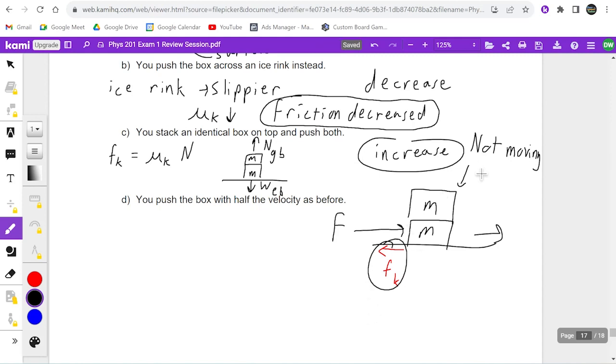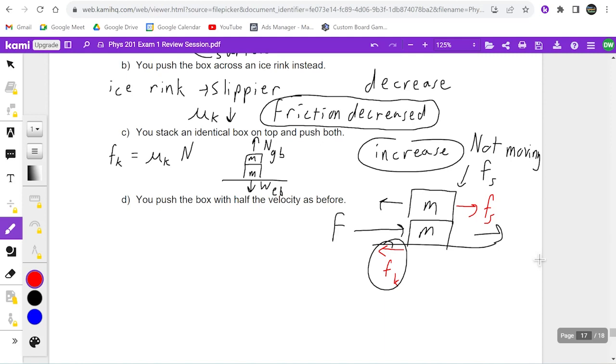But there is static friction for the top box. If there was no friction, the box would just slide off that way. So friction, static friction, must point that way. Isn't that confusing? So static friction points to the right for the top box. Kinetic friction points to the left for the bottom box. Any questions?